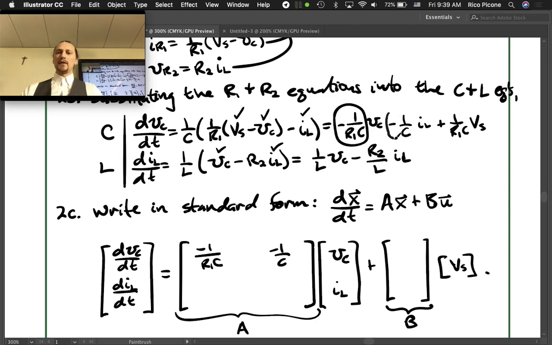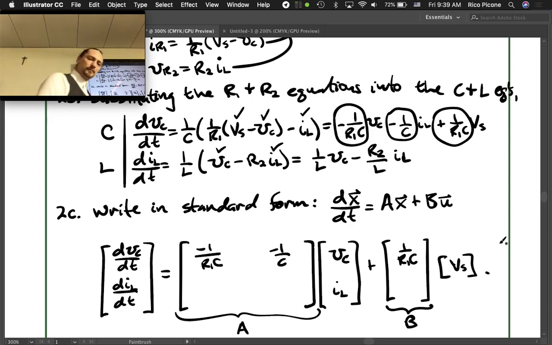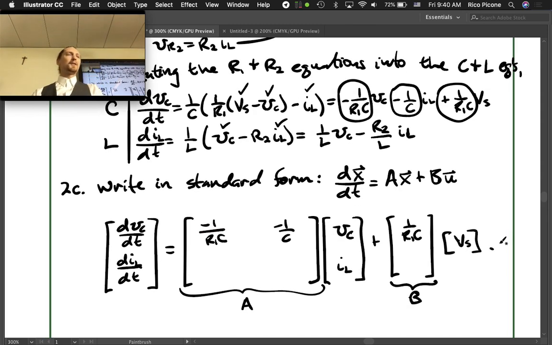And that comes from this term, negative 1 over C times IL. Finally, there's a VS term as well, so plus 1 over R1C times VS. So that's the first equation, and we've got half of our A matrix and half of our B matrix.